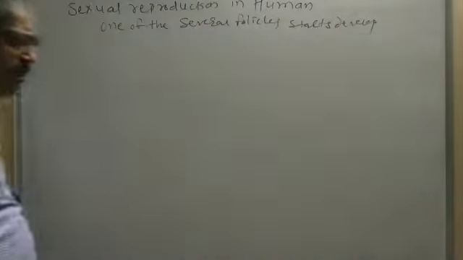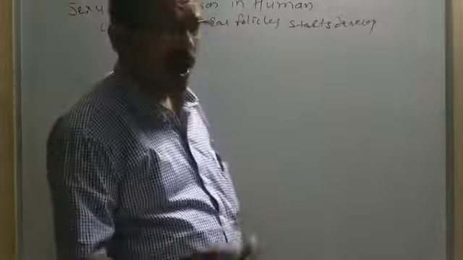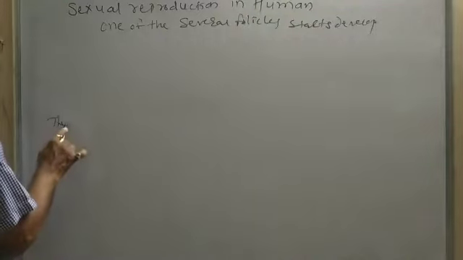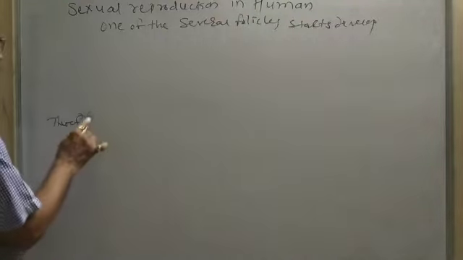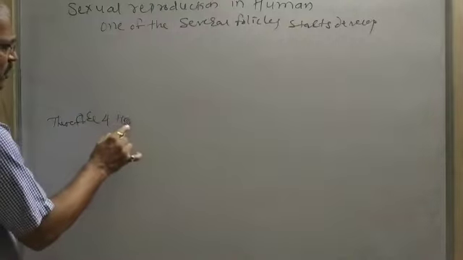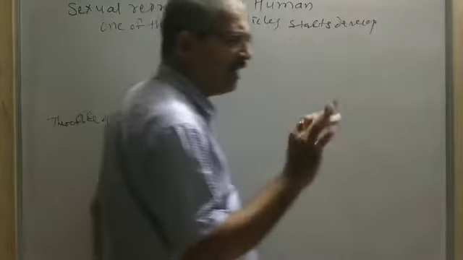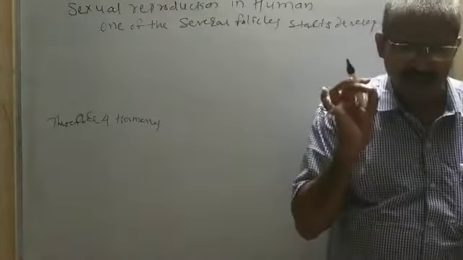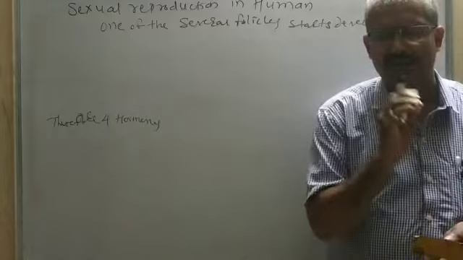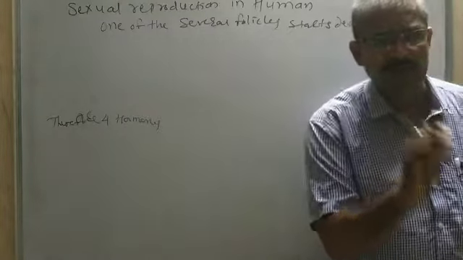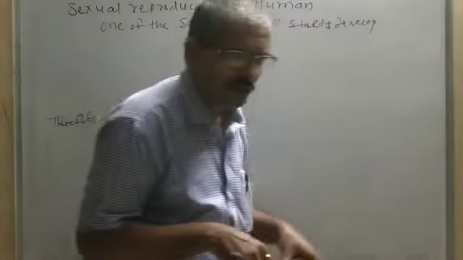One of the several follicles starts to develop. Actually, who is helping it to develop? In this menstruation cycle, in the uterus, in case of the female, there are 4 hormones. What are hormones? Hormones are chemical secretions, chemical substances which help carry out a specific kind of function in the human body.